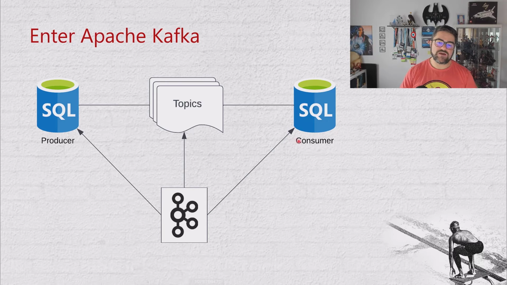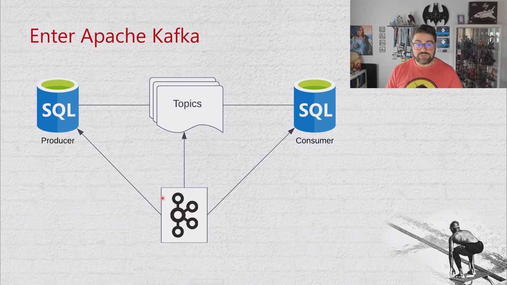And we're not going to have a subscriber anymore, we're going to have a consumer. And also, we're not going to have a distributor anymore, we're going to have the Apache Kafka binaries running here to orchestrate everything, which is what we want to achieve, right? We want to get data out of the producer and push that data into our consumer.